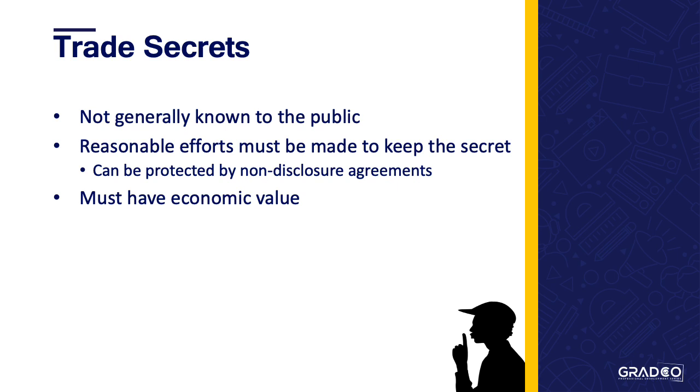This may include requiring employees or contractors to sign a non-disclosure agreement. Finally, the secret must have economic value. It would be impossible to assess a loss if there is no economic harm done to the individuals or entity owning a secret.